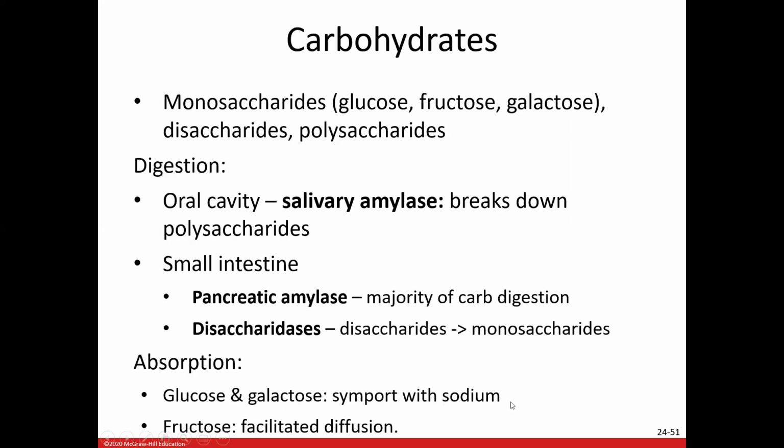So in this case, we have sodium move across, and that allows us to also move a molecule of glucose or a molecule of galactose as well. Then for your fructose, that goes by what's called facilitated diffusion. Facilitated diffusion is just moving a molecule through a channel protein. It can't readily diffuse from one side to the other, so it has to go through one of those special channel proteins to make it through.